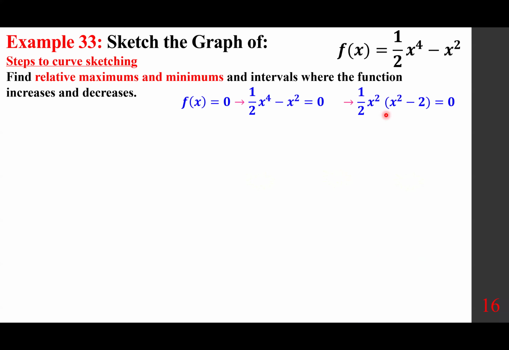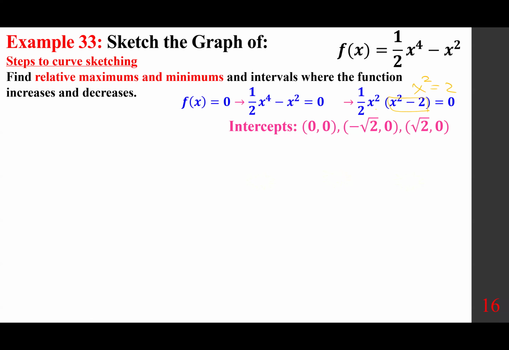If I factor half of x squared times x squared minus 2, either this one is 0, that means x is 0, or x squared equals 2. This means x is plus minus square root of 2. So there are 3 answers: 0, 0, minus square root of 2, 0, square root of 2, 0. And by the way, 0, 0 has multiplicity 2.